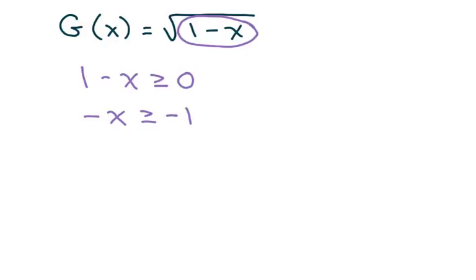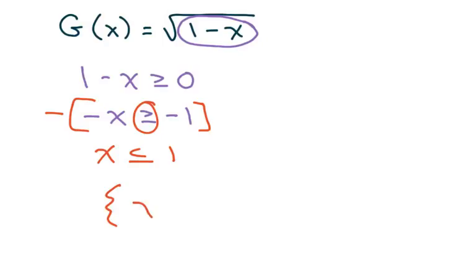Now, when I negate this, I'm solving for x. And remember, when you negate, the inequality has to change. x is going to be less than or equal to 1. So my domain is x such that x is less than or equal to 1.